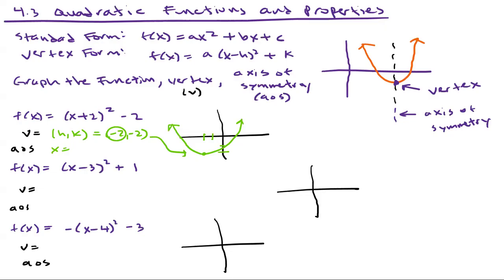The axis of symmetry splits the graph in half, and it's sometimes called the reflective line. So this is going to be x is equal to -2. All right, so we graphed the function, we identified the vertex, and we also identified the axis of symmetry.